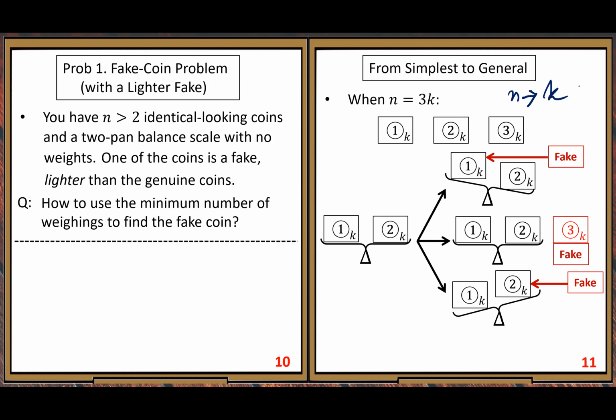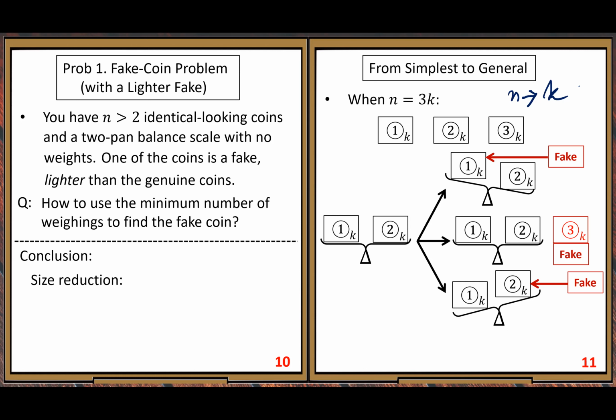Conclusion: size reduction. This size reduction way is a general way. Later when we solve many other computing problems, we do size reduction all the time.